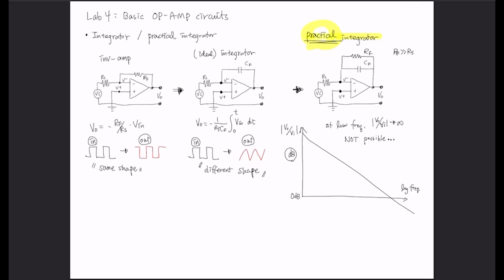In this practical integrator, on top of this RS CF, we are adding a resistor, RF, and this resistor is assumed to be much greater than the series resistor. By adding this resistor, we are chopping down the frequency response.